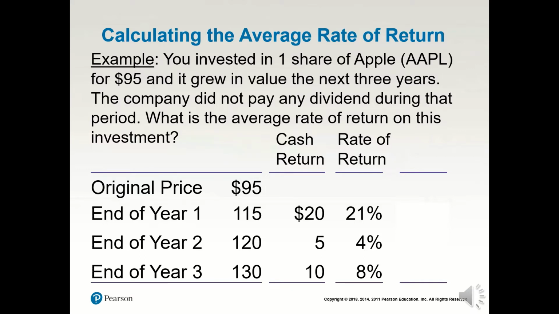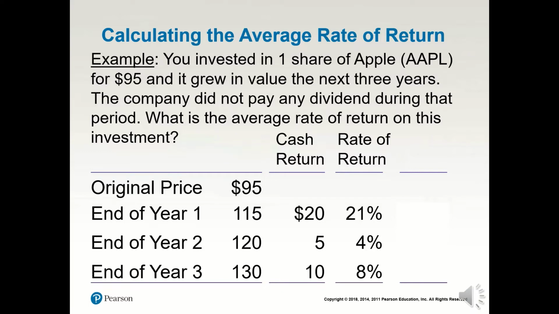That uses the return of $5 and divides it by the beginning of the year price for year 2, which was our end of the year price for year 1 of $115. 5 divided by 115 is around 4%. For the third year, we take our $10 cash return and divide that by our beginning of the year 3 amount, which is $120. 10 divided by 120 is around 8%.